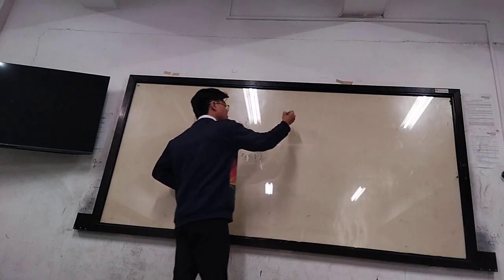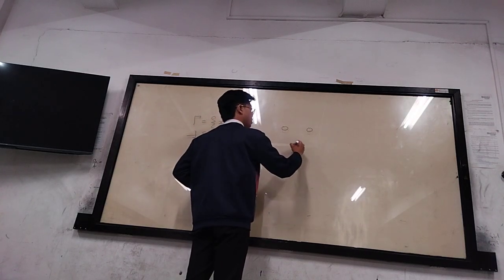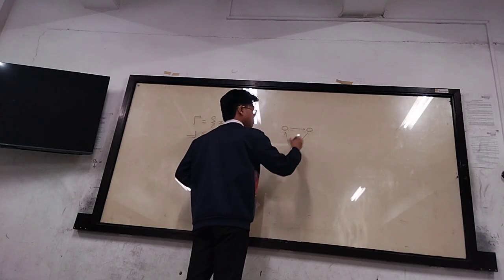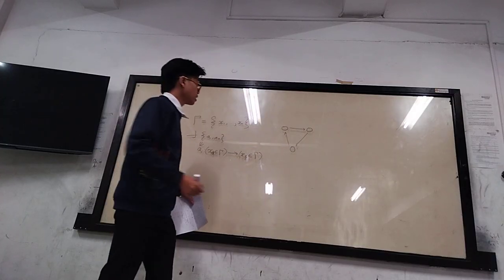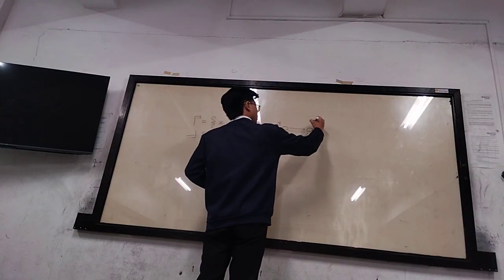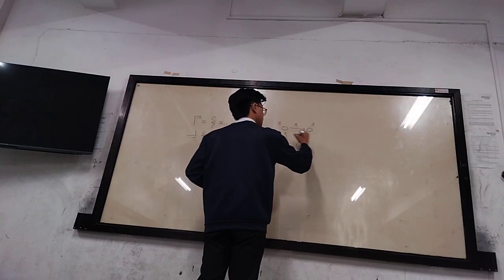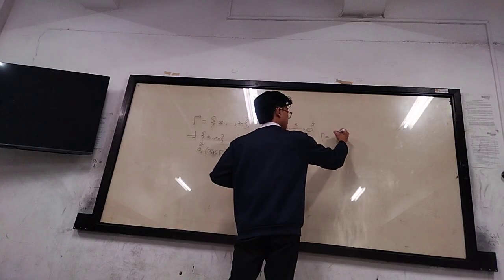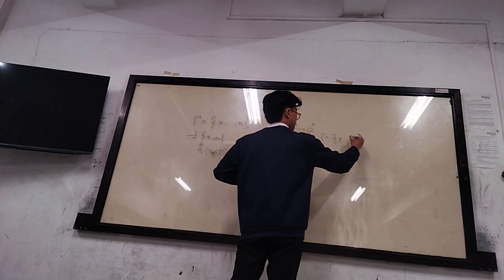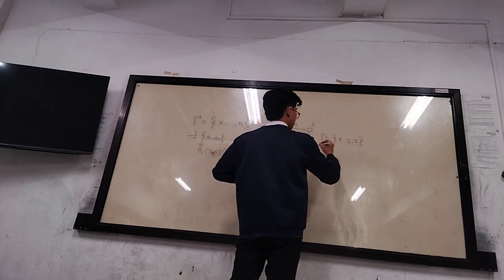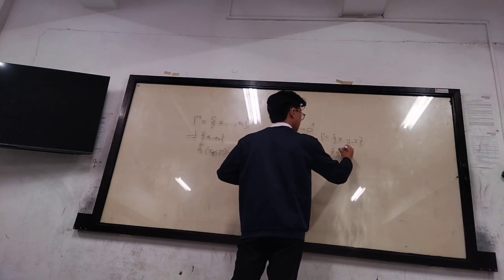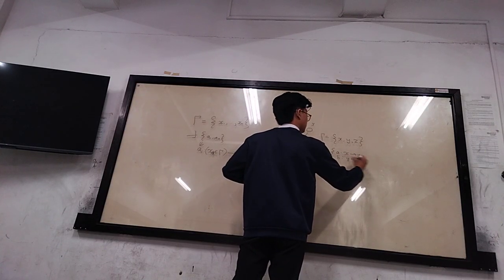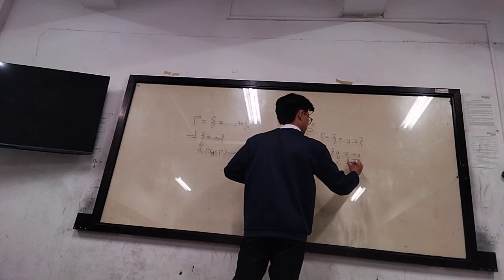So for example, for this relation over here, a maps x to y, b maps y to z, and c maps z to x.